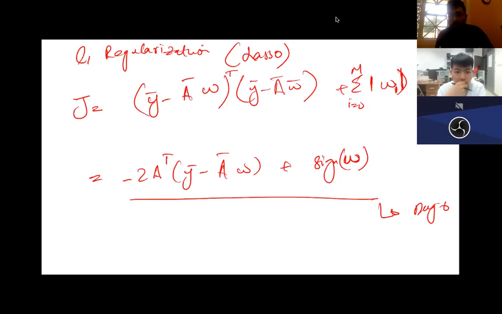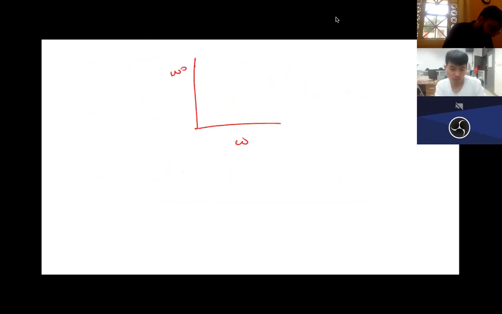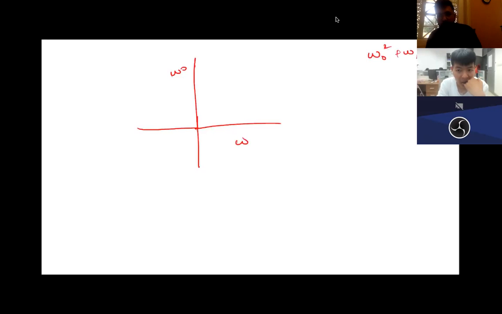There are certain advantages of L1 regularization over L2 regularization. Let's have a look at this. Let's say you have two weights, W0 and W1. What would W0 squared plus W1 squared equal to, let's say, C, look like?